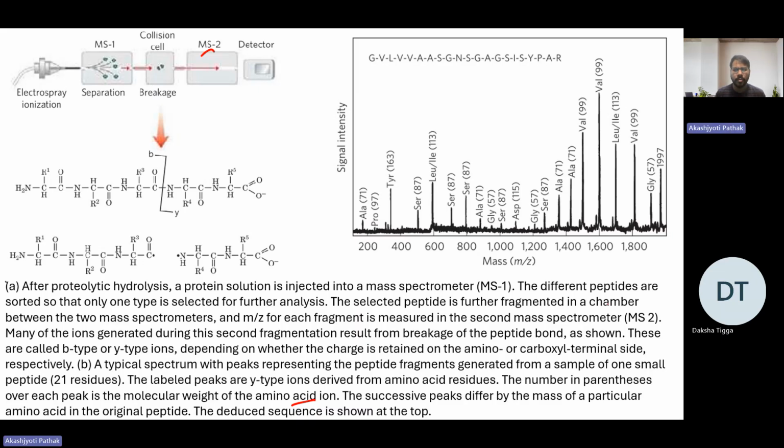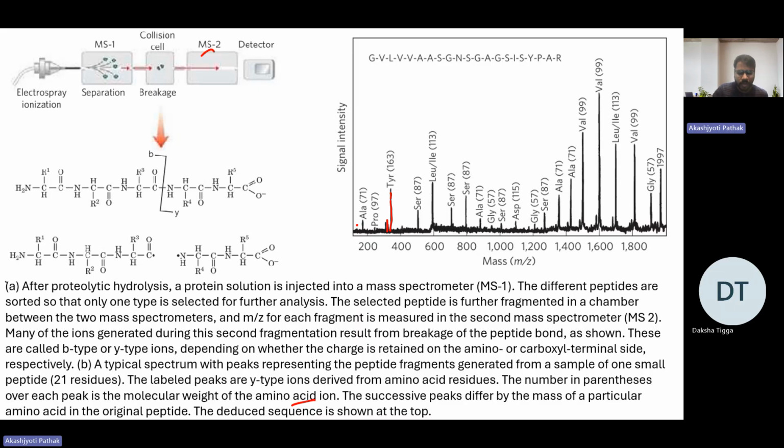So basically, you can see here that you are getting different peaks. Now, the peptide that results in this particular peak and the peptide that results in this other peak differ by one amino acid. So, calculating the difference between the masses of these peptide fragments, you can obtain the molecular mass of that particular amino acid.